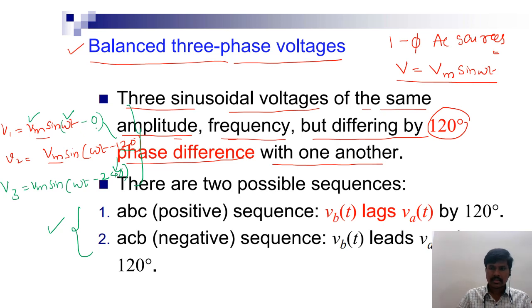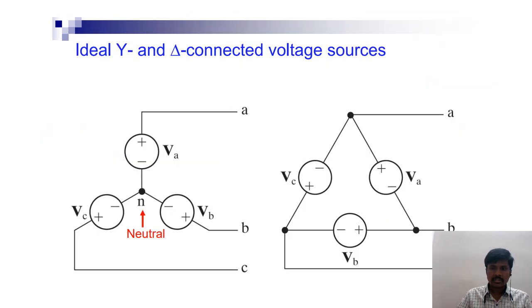Shall we move to the next slide? Now here is the representation of a three-phase source and load, which can be a star connected load as well as a delta connected load. Star means three branches or elements, with one end of each connected to a common terminal. Here this is one branch, this is one branch, this is one branch.